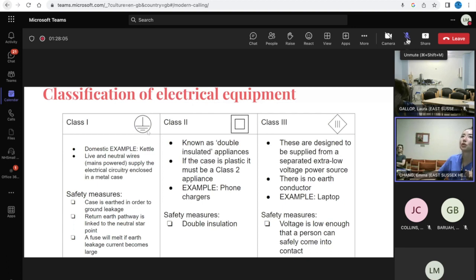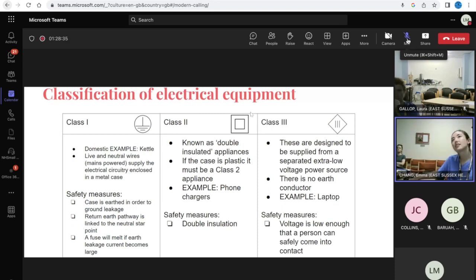This symbol is like the earthing symbol, so that's the best way to remember it. The return earth pathway is linked to the neutral star point, which is a safety mechanism to prevent current from going through the patient's body or electrocuting you. It also contains a fuse which will melt if there's a leakage and it becomes too large, and that will cut the circuit as well.